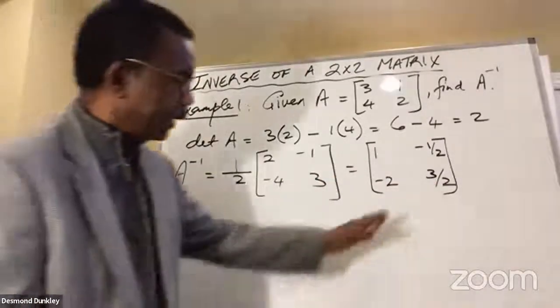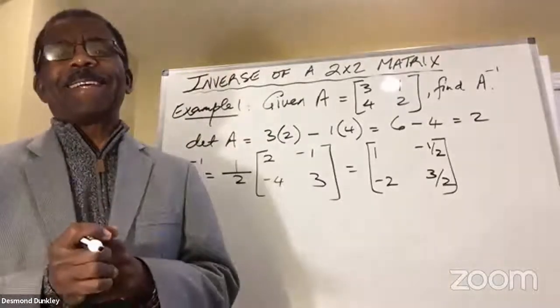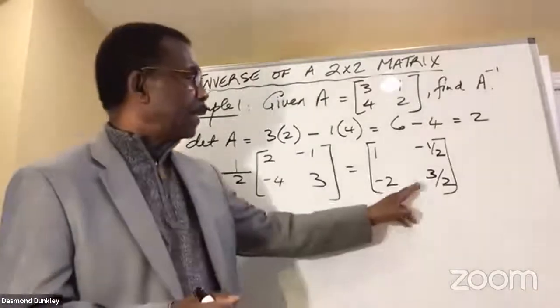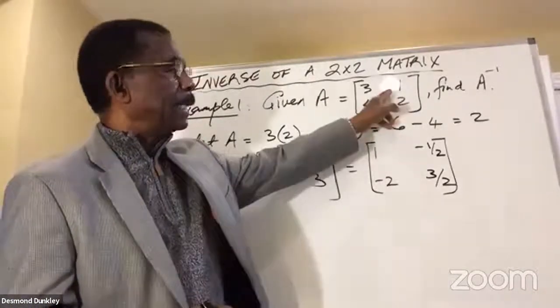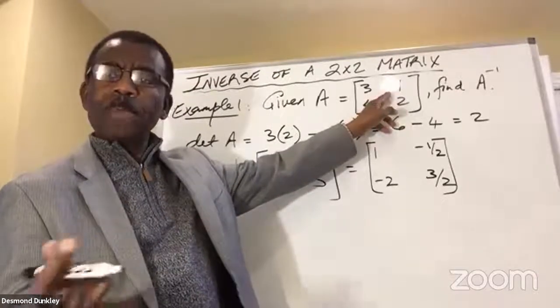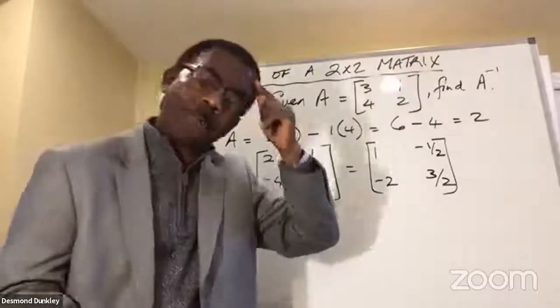So, do you think this is correct? Your answer is yes. And if I say prove it, how would you prove it? You would take this, multiply times that, and what should you get? You should get the I2 matrix, 1, 0, 0, 1. Let's go for it, let's check.